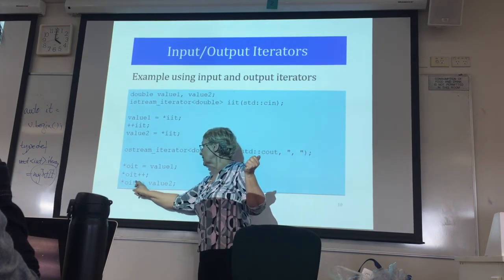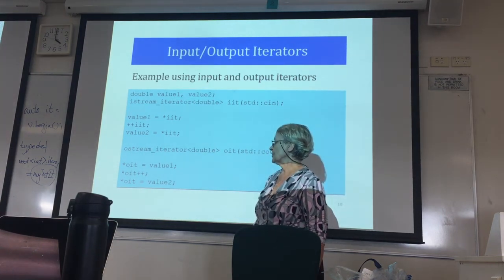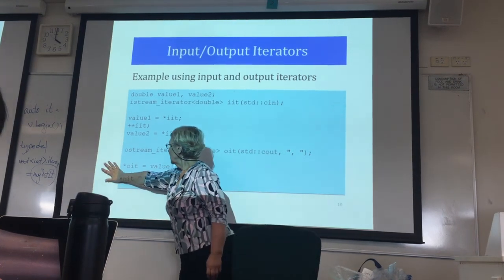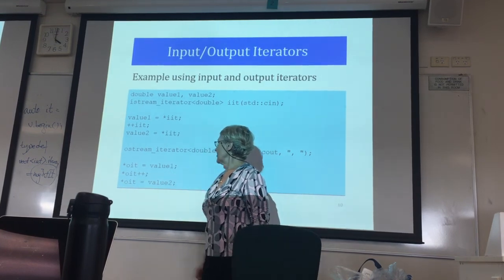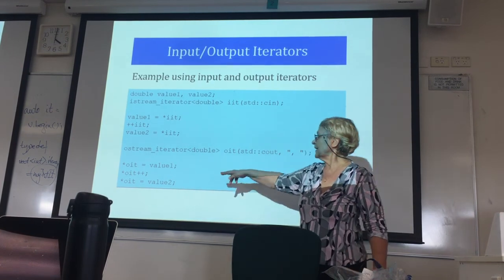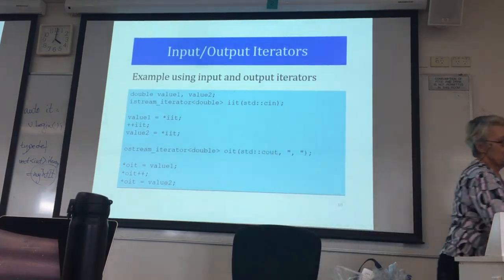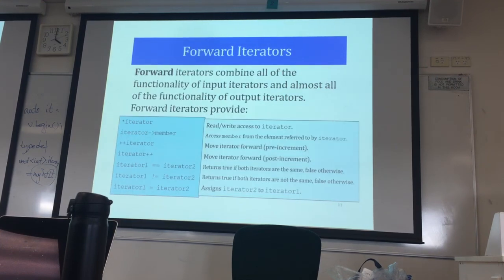And I move to the next location. We move to the next location and display the next value which was entered. So this is a very simple explanation of how you can use iterators.